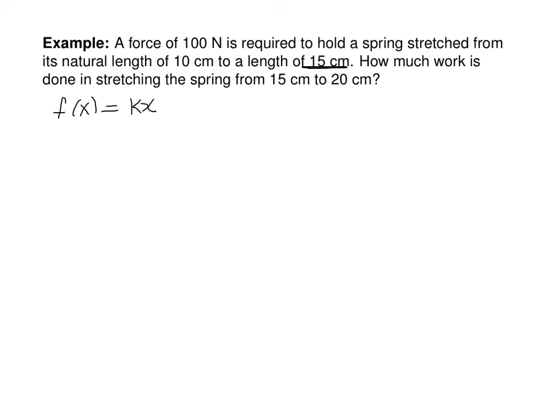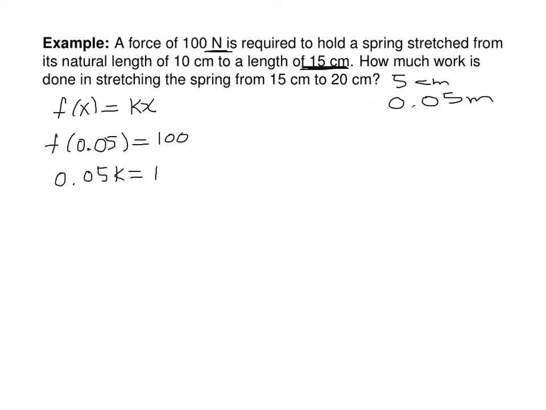So 15 centimeters is 5 centimeters past the natural length, or since this is in newtons, we have to have this in meters, so 5 centimeters is 0.05 meters. Now we know that the force required to move that spring 0.05 meters is 100 newtons, or 0.05 k is equal to 100, and that gives us a k value of 2,000.